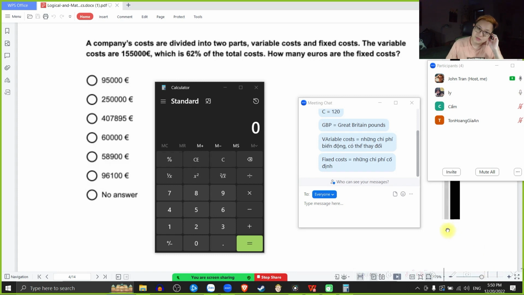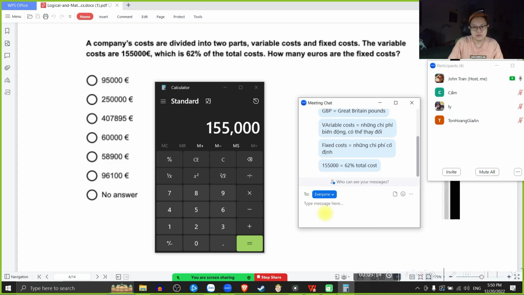Just wait a bit. You said 250,000? Okay, this is easy, right? So variable cost is 155, which is 62% of total cost. So total cost will be equal to 155 divided by 62%, which is 0.62.